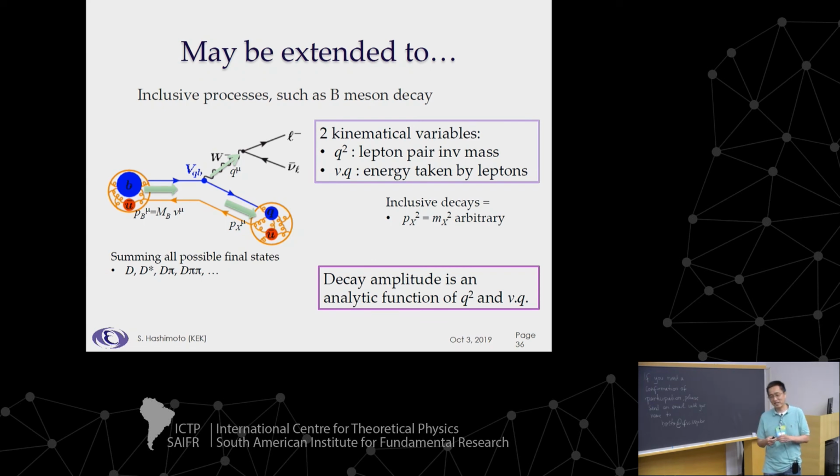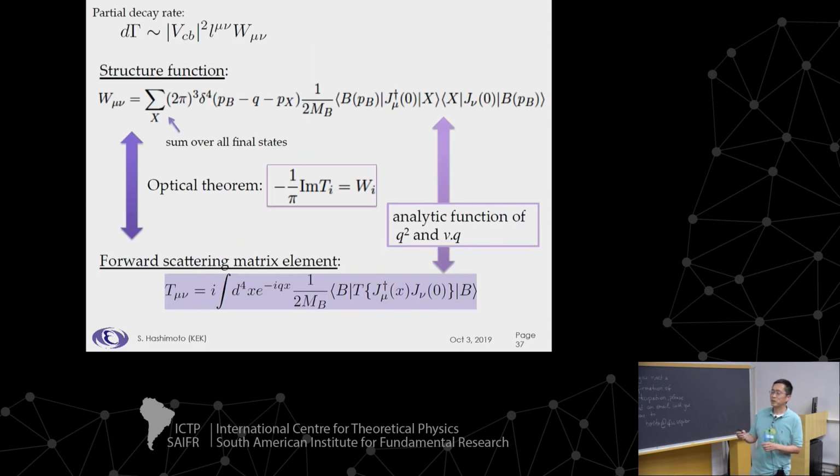I do not discuss the details, but the main idea is that we can use the same sort of optical theorem or Cauchy's integral to relate the experimental data and the lattice calculation in the Euclidean space.